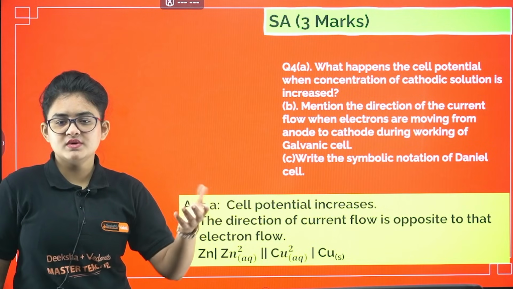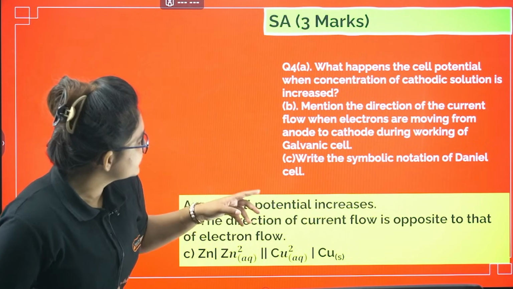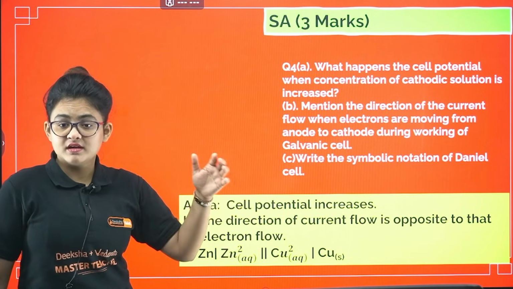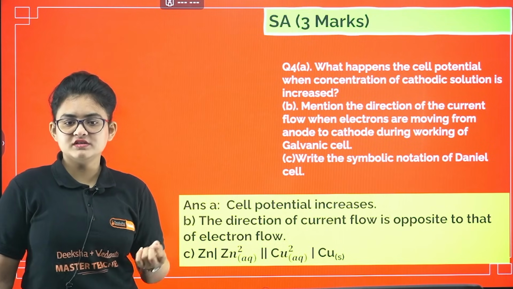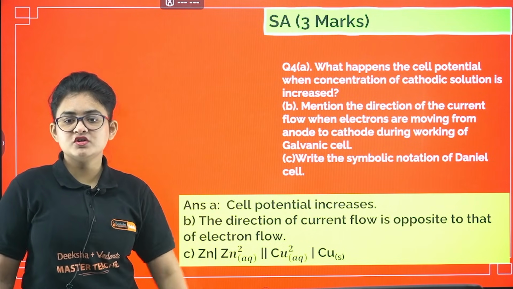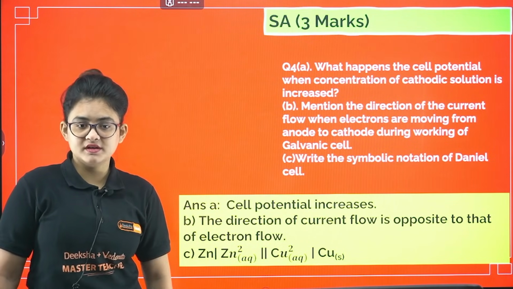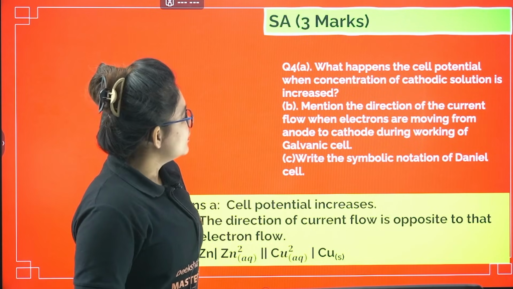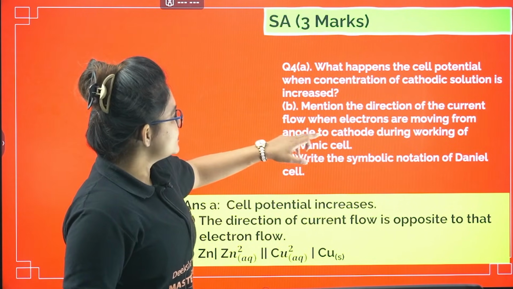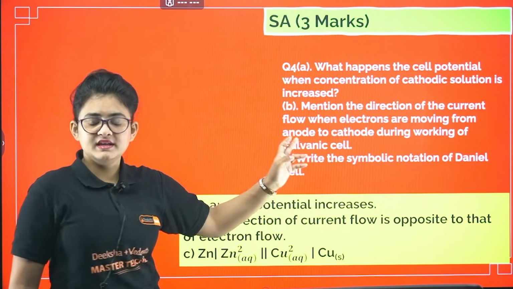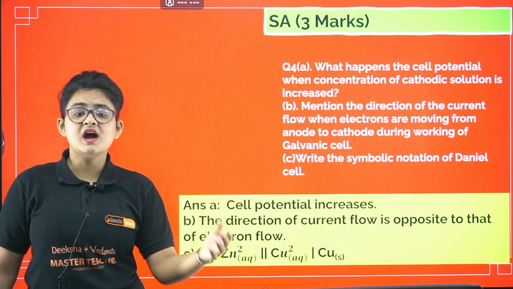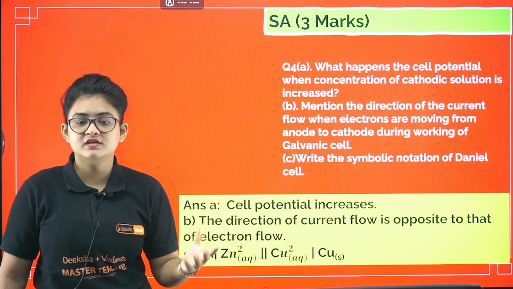If current moves from anode to cathode, definitely the flow would be opposite to that of the electron flow. They are saying that electrons are moving from anode to cathode, so current will be moving from cathode to anode.